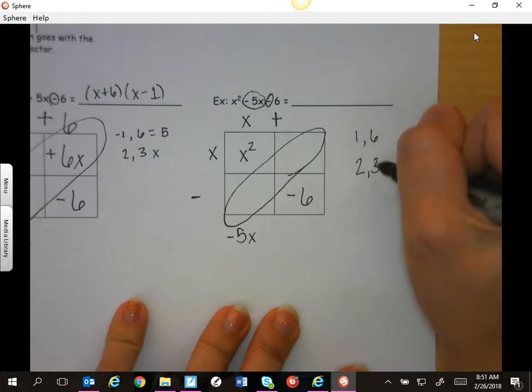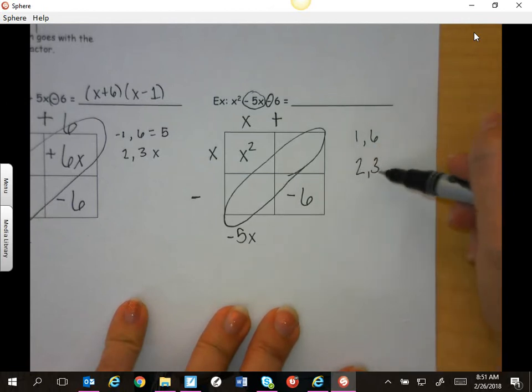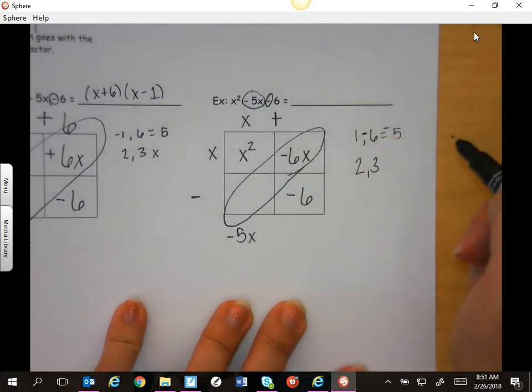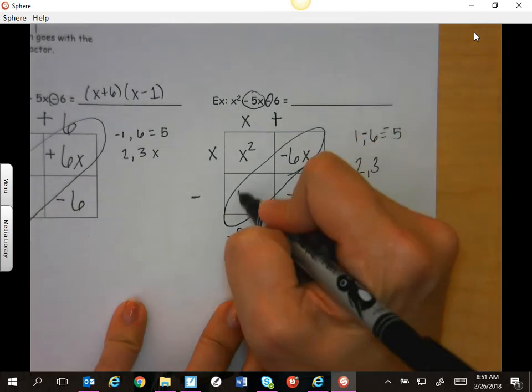They're going to have to be different. So no matter how I subtract these, I end up with a positive or a negative 1. That's not going to work. But if I subtract these, I can get 5, but I need a negative 5, so that means 6, which is bigger, needs to be the negative. So I have negative 6x, and I have a positive 1x.